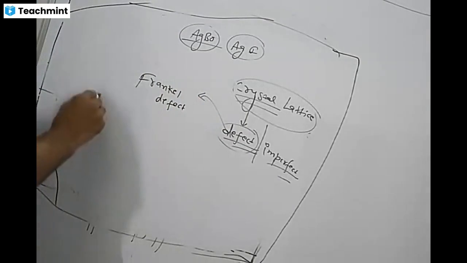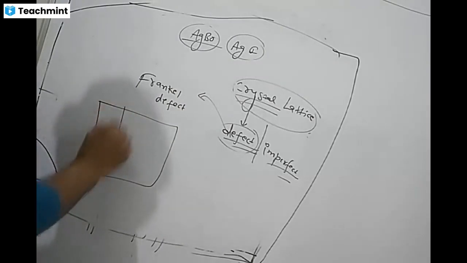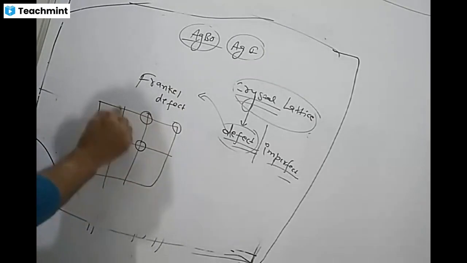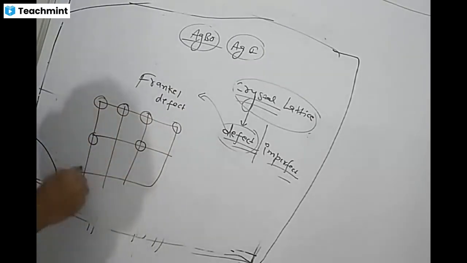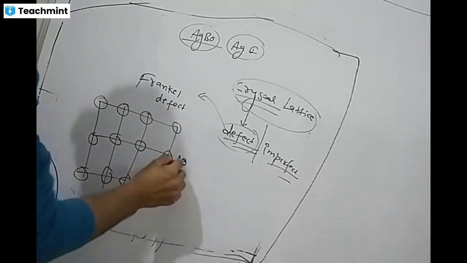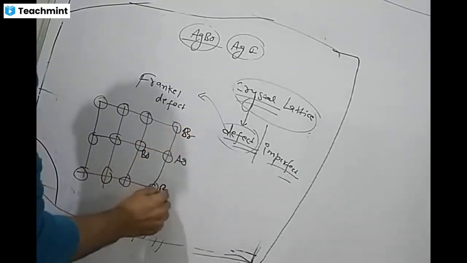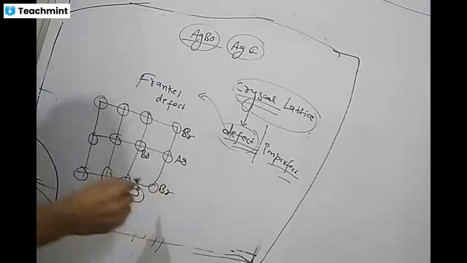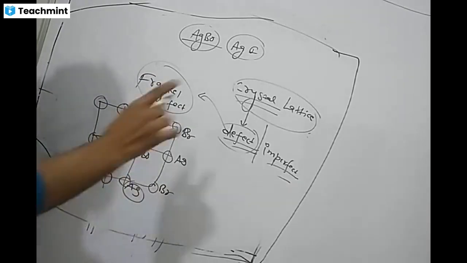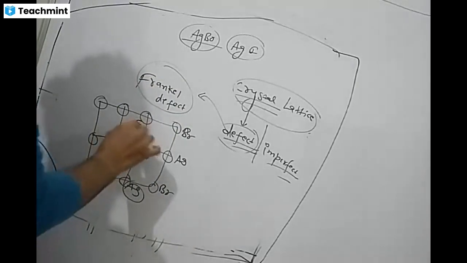Frenkel defect means, suppose this is the crystal where Ag, Br or AgI are all present. This is silver, Br, again Br, this is Ag, like this. In case of Frenkel defect, one of the silver atoms migrates or moves into the space.